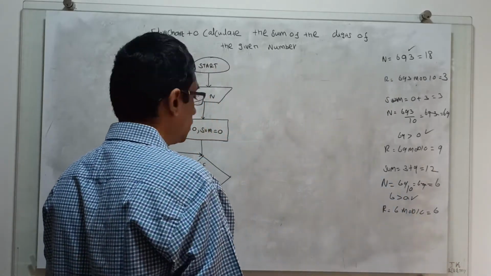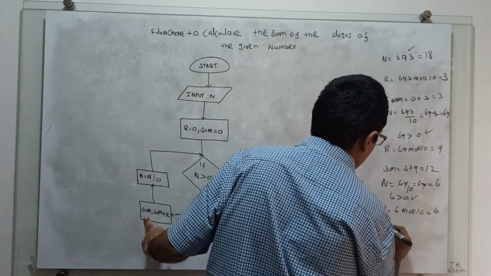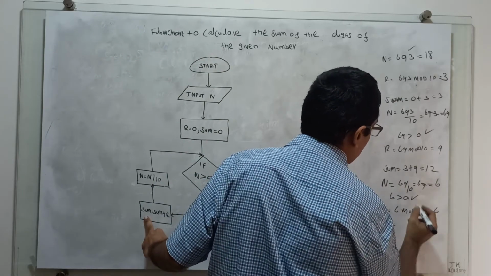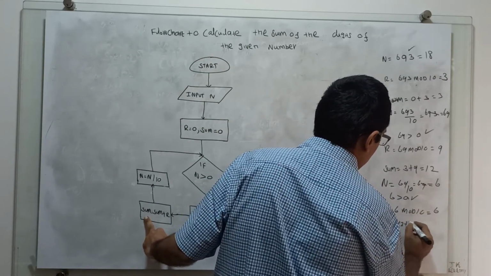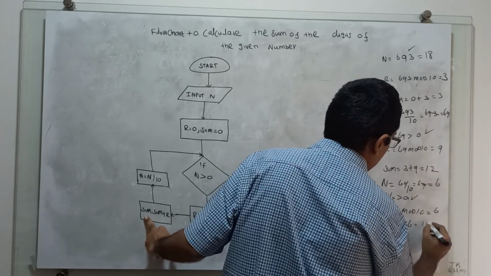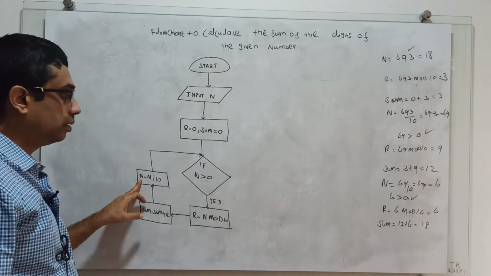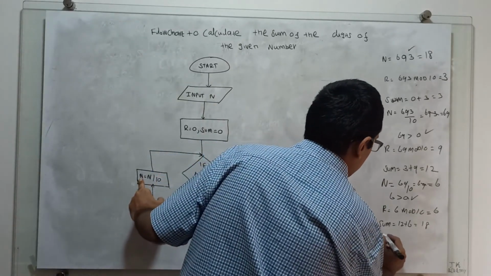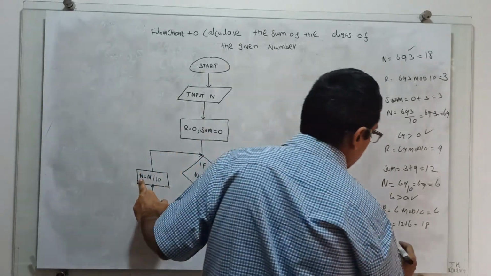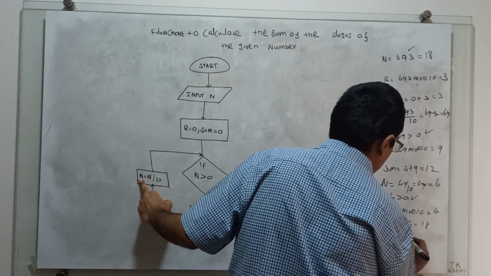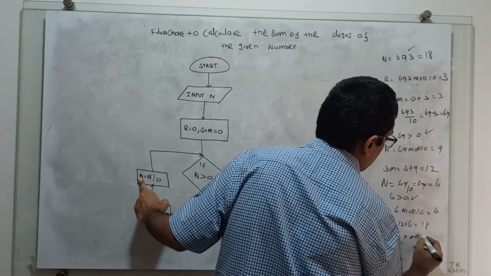Sum equal to sum plus r, existing value of sum is 12, 12 plus 6 equals 18. Now n equal to n by 10, 6 by 10 equals 0.6, so omitted, 0.